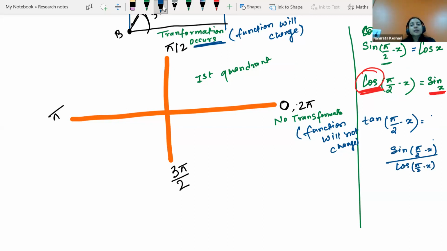Sine of pi by 2 minus x is just cos x, and cos of pi by 2 minus x is just sine x. That's why we say that tan of pi by 2 minus x is cot.